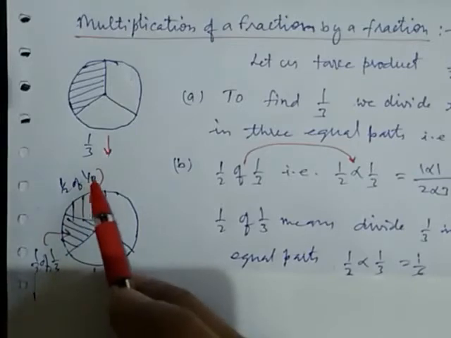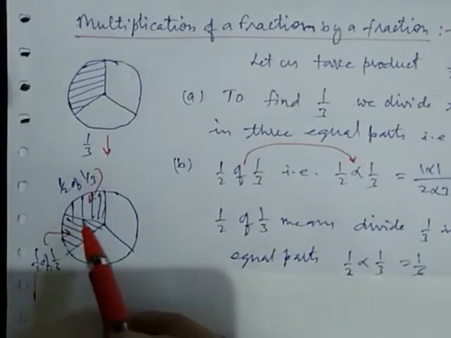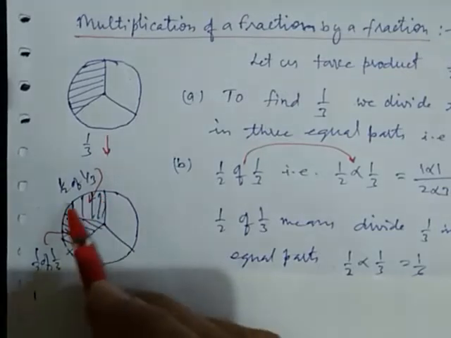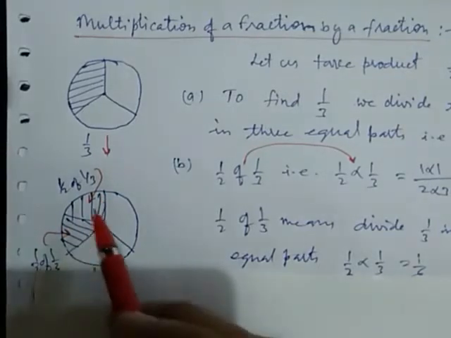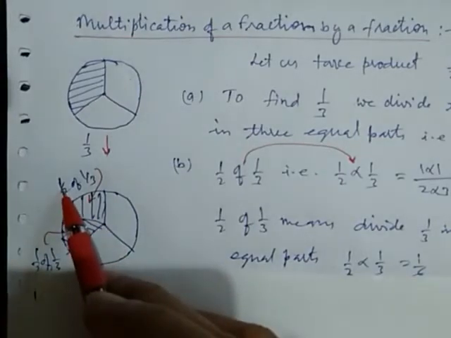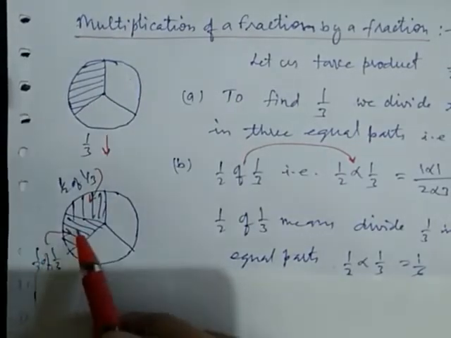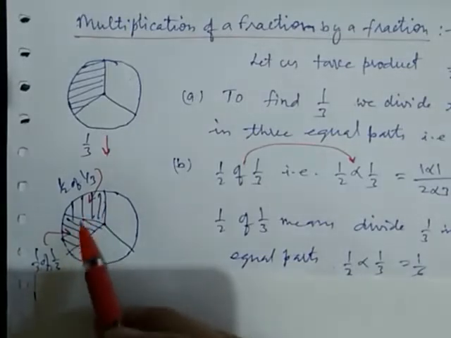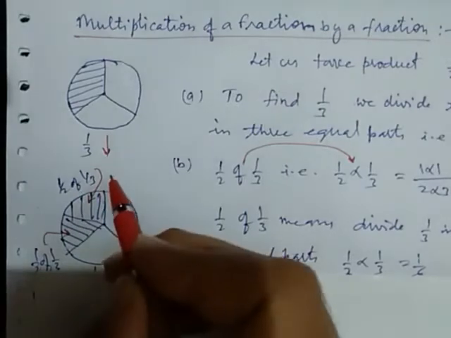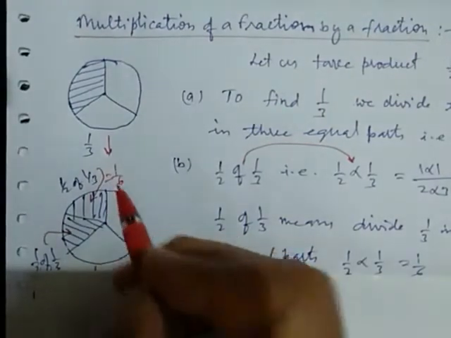Here the one part is 1 by 3. Half of this means we make 2 parts of this. So the whole part is 1 by 3 and we make 2 parts. Both of these are half of 1/3, and half of 1/3 means 1 by 6.